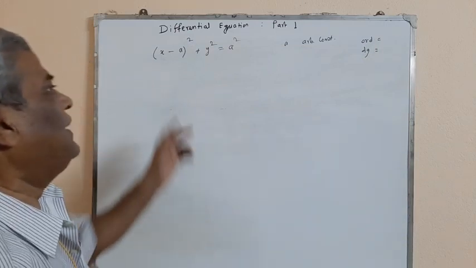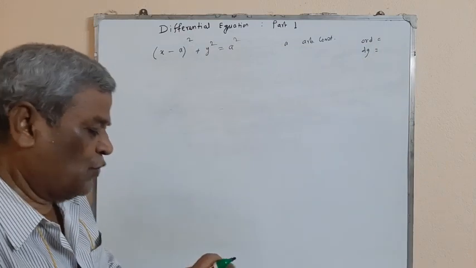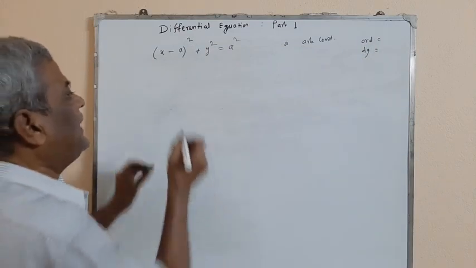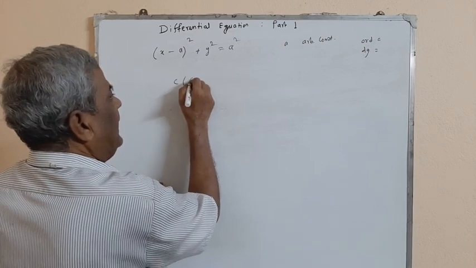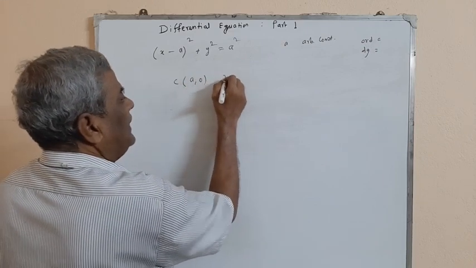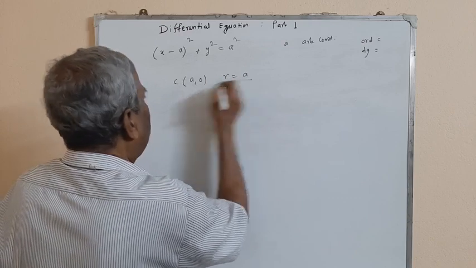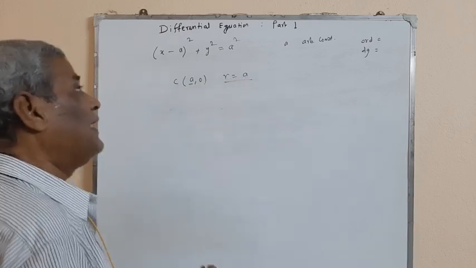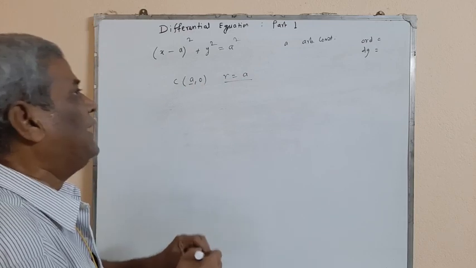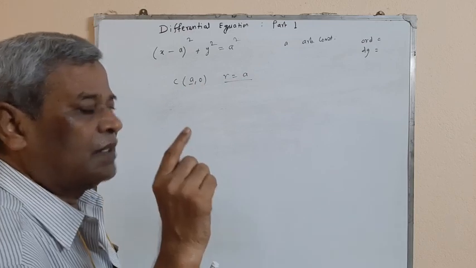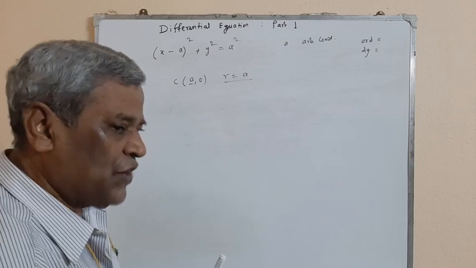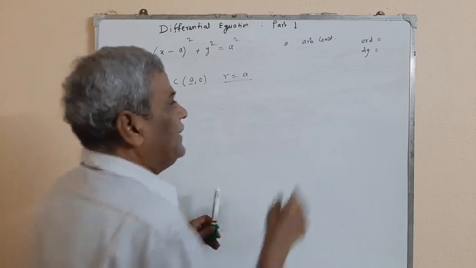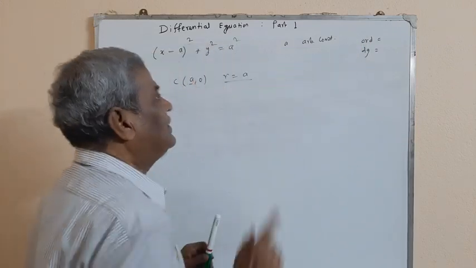It is nothing but an equation of a circle. Its center is at (a, 0) and radius is a. That a is an arbitrary constant. From that relation, you have to find the corresponding differential equation, and from there you obtain order and degree.